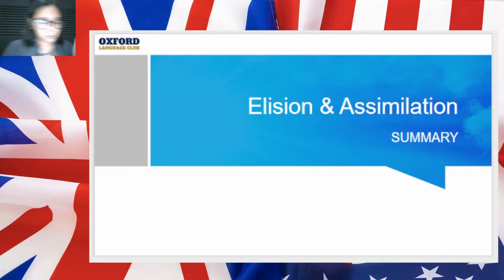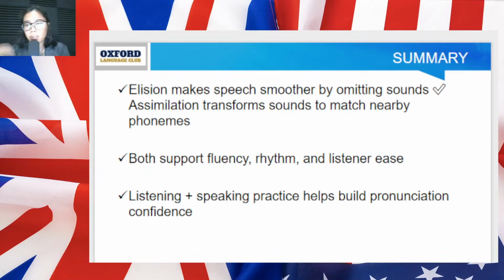First, let's have this one. Elision makes speech smoother by omitting sounds. This means that a sound is simply left out or dropped when we speak English, especially at a normal or fast speed. Instead of making every single sound clearly and slowly, our mouths naturally connect sounds together. So, if a sound is difficult to say between two other sounds, it very often just disappears completely.